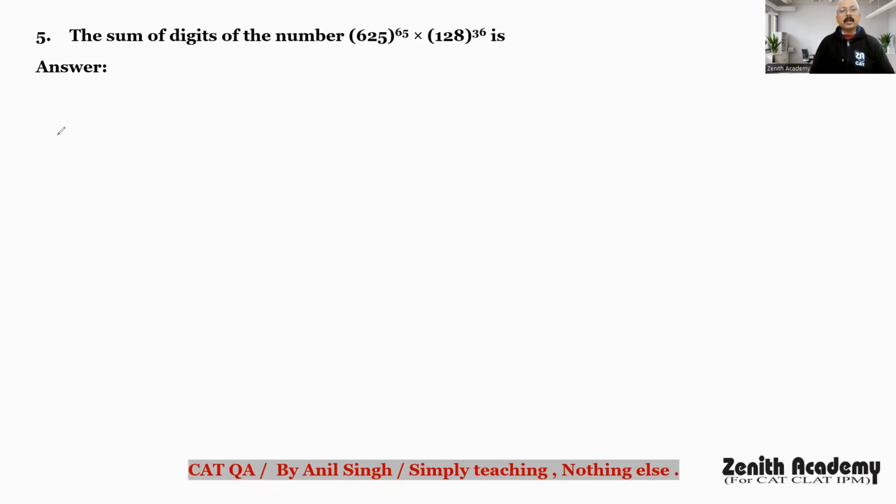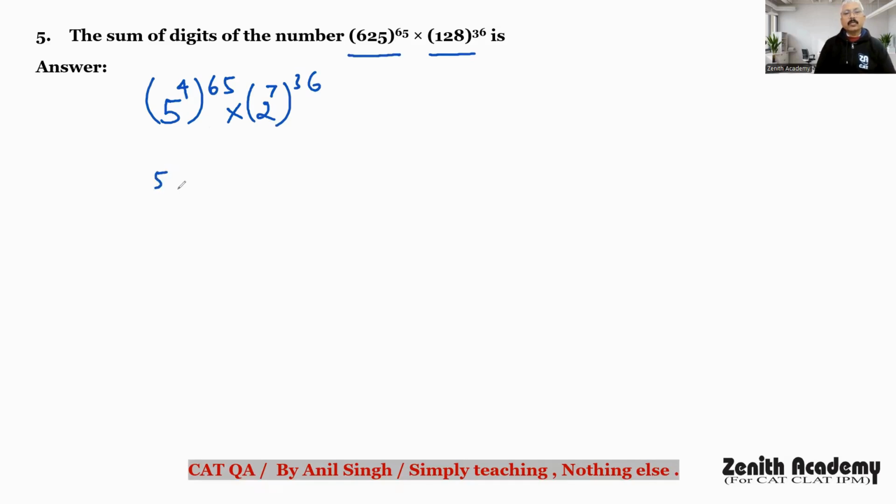Next question is the sum of the digits of the number 625 to the whole power 65 into 128 to the whole power 36. Look here, if we factor this, then it is 5 to the power 4 to the power 65, and 128 is 2 to the power 7 into 36.